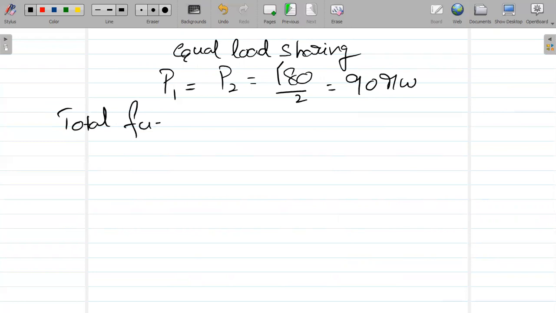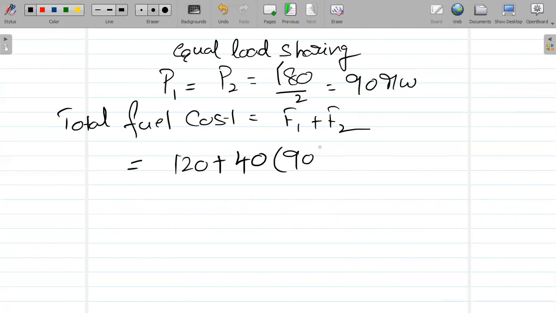Now the total fuel cost. What is the total fuel cost? F1 plus F2. F1 is 120 plus 40 times 90 plus 0.2 times 90 square.